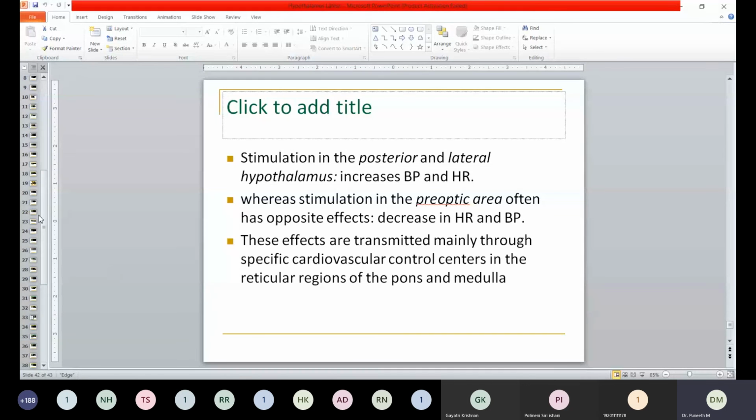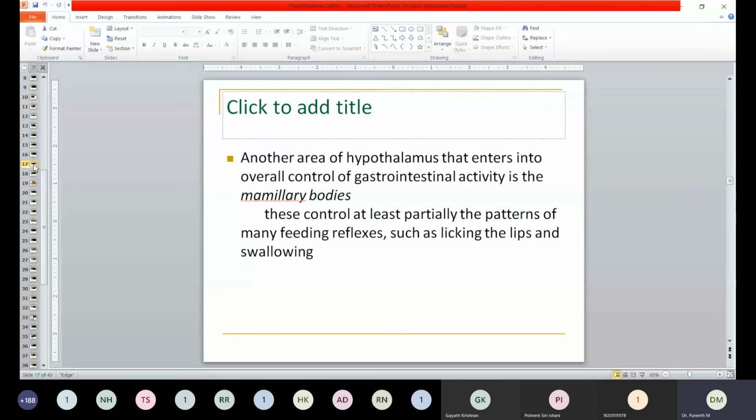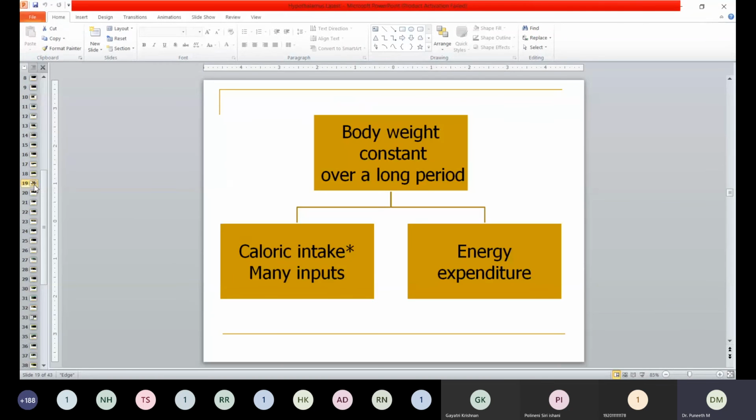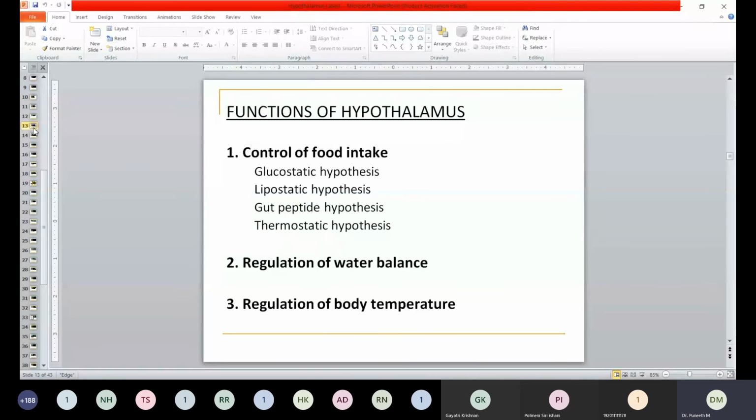So once again, I will tell you the overall functions of the hypothalamus. First is controlling the food intake. Next is regulating the water balance.